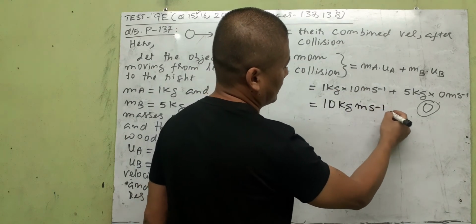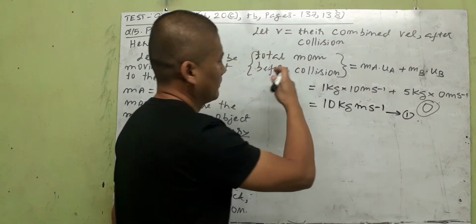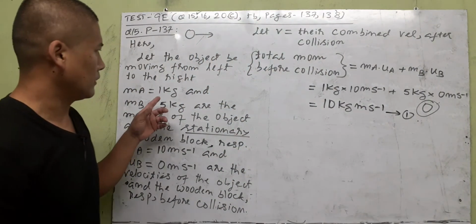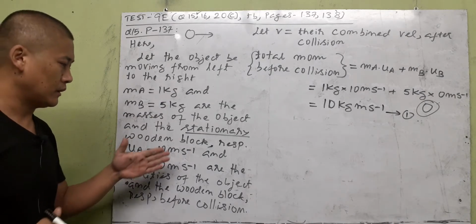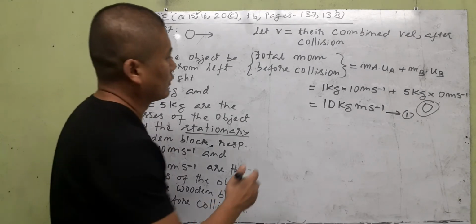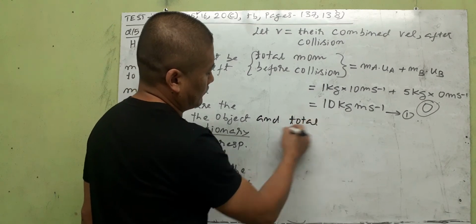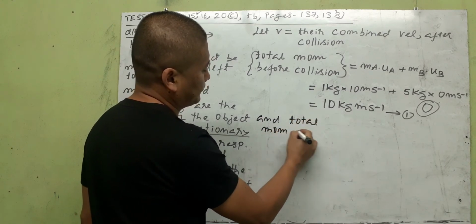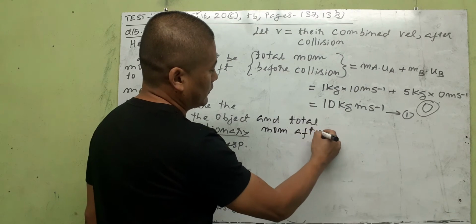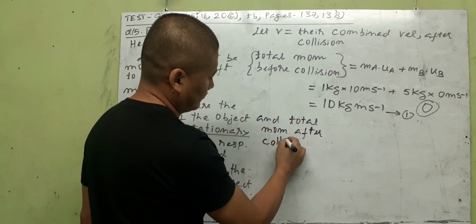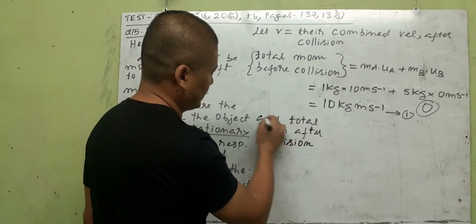So this is the total momentum before the object comes in collision with the wooden block. And now the total momentum after collision.